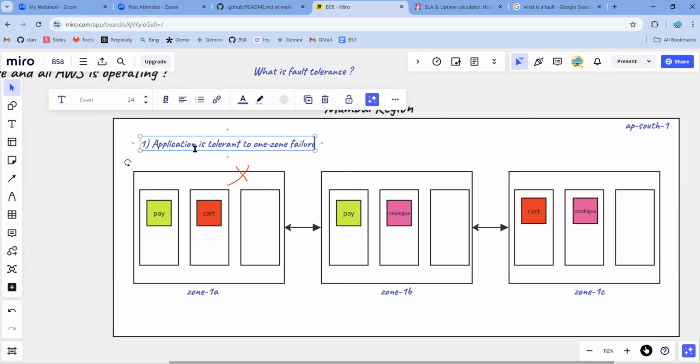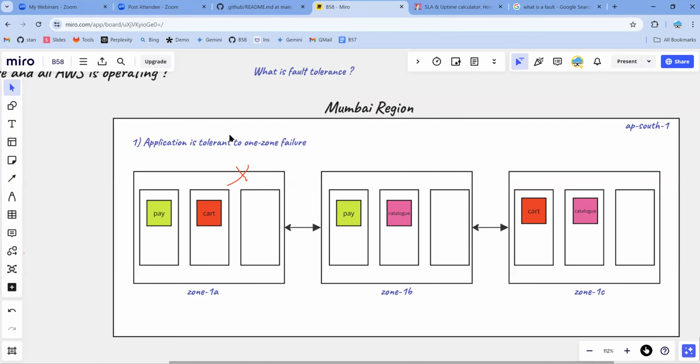Earlier you were running 3 instances, now you are running 6 instances. Now, what if you lose 2 zones at a time because of a natural calamity or network issue, and all of them were down at a time?